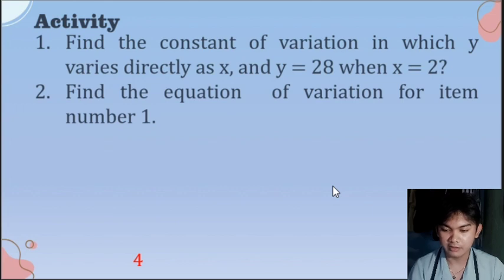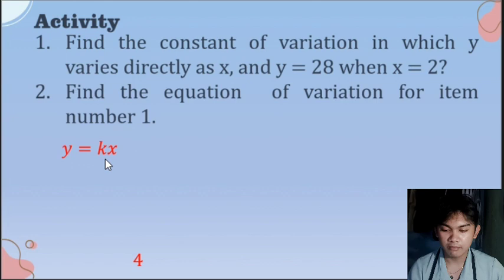So for number 1, find the constant of variation in which y varies directly as x and y is equal to 28 when x is equal to 2. Since in number 1, we only have to get or define the constant of variation, or the k, first we have to get the equation, y varies directly as x. So y is equal to kx.